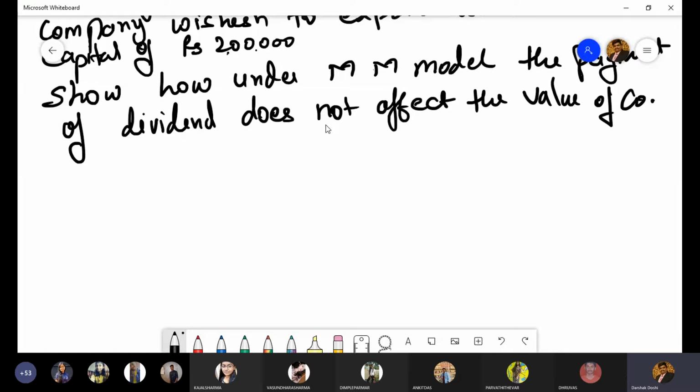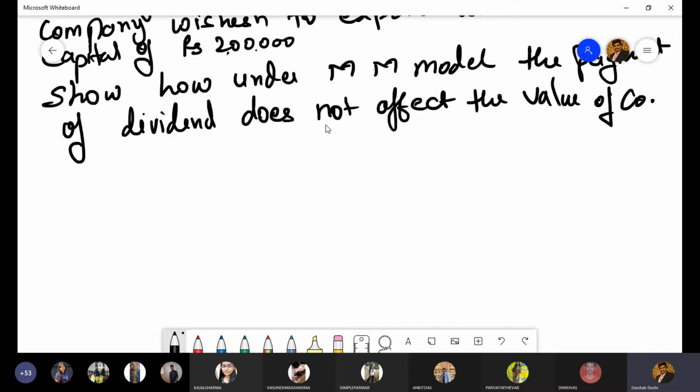Other way around, if the company does not declare dividend and expands for the capital of 2 lakh rupees, what will be the value of the company? And as per the model, the value of the company, whether dividend is declared and expansion project is taken, or the dividend is not declared and expansion project is taken, remains the same. So you have to prove that the value for both the companies remains the same.